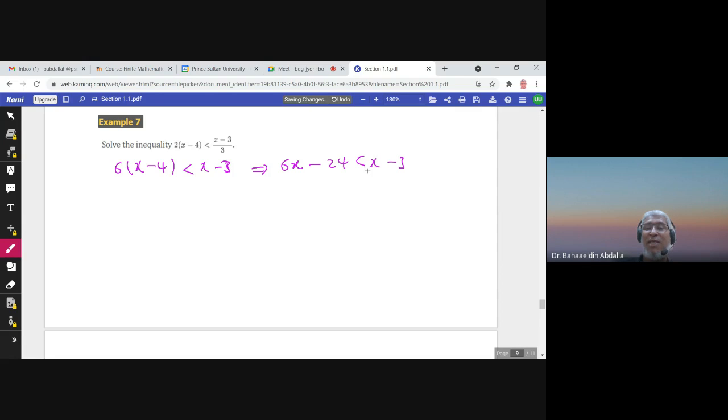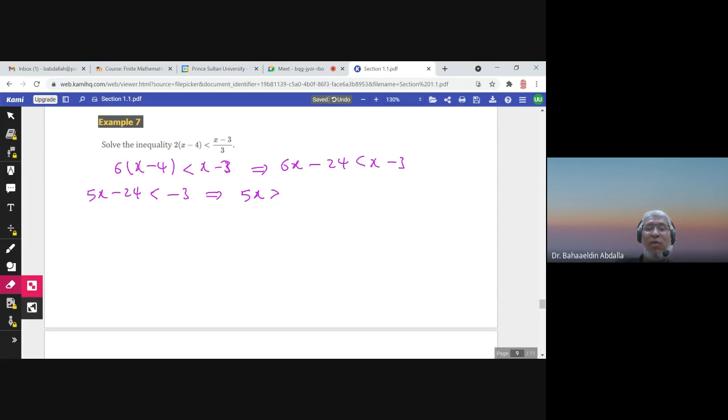Now I need this x to go to the left hand side. So I subtract x from both sides. So 6x minus x would be 5x, and x minus x would be 0, and I will have -3. Now I want to get rid of the -24, so I add 24 to both sides.